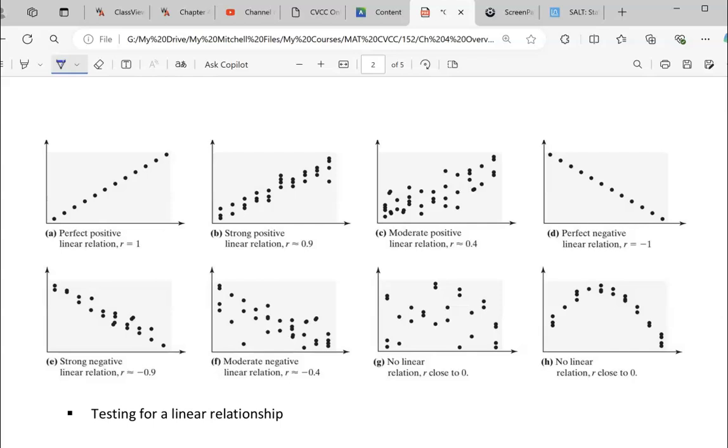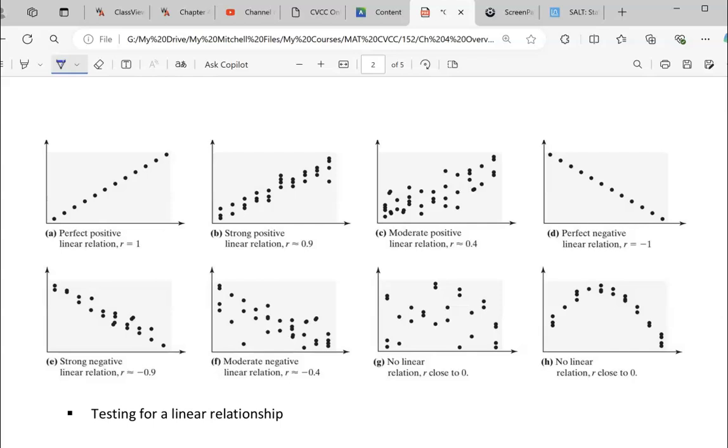So we would expect that R value to be close to -1, and it is. In C and F, we have moderate correlations. And in G, we have no correlation at all. We just have a whole bunch of dots that just look like they've been thrown randomly on the graph. There's not any relationship that I could see there.